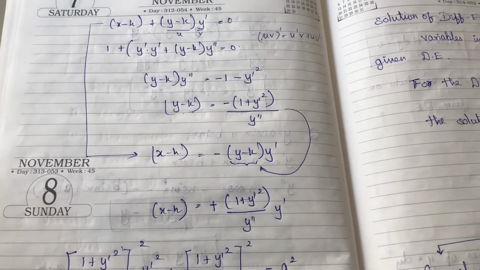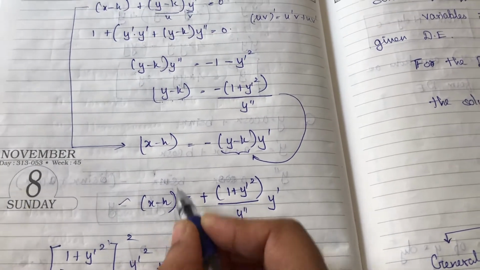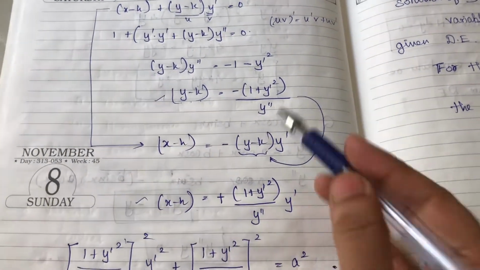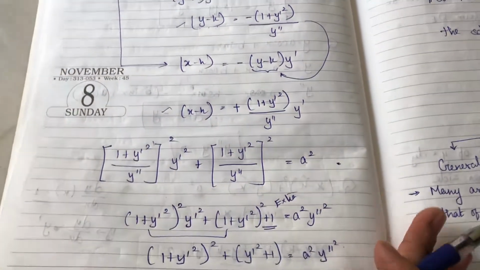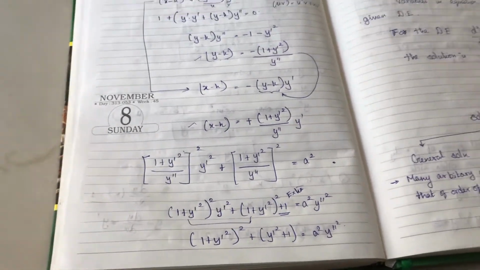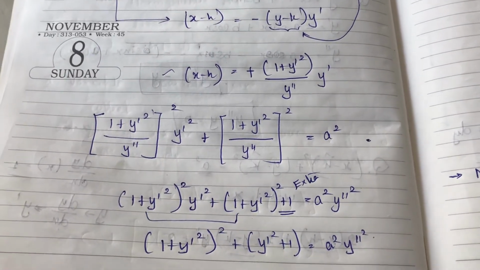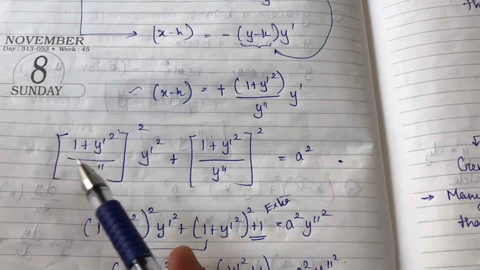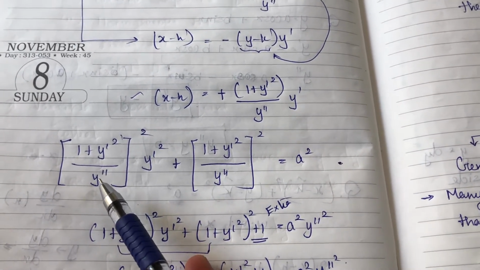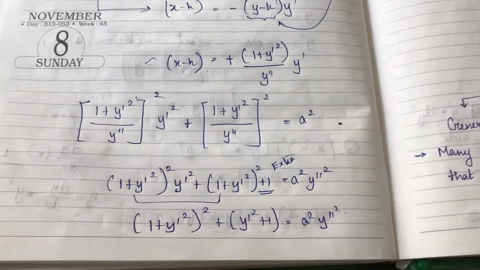After that, substitute these two values, x minus h and y minus k, in the original equation. Let me show you. I have just substituted x minus h and y minus k, those two values.